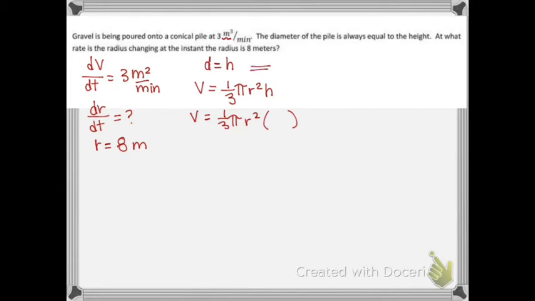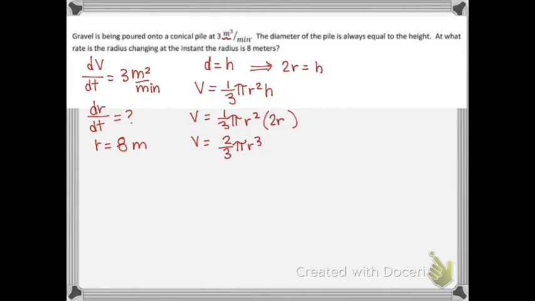As you know, the radius is half of the diameter, so 2 radii equals the diameter, so 2 radii equals the height. So I can go back here in place of the height and input 2r. Before I differentiate, I want to clean this up a little bit. So actually I'm going to multiply the 2 times the 1/3. That gives me a coefficient of 2/3, pi, and then r cubed.